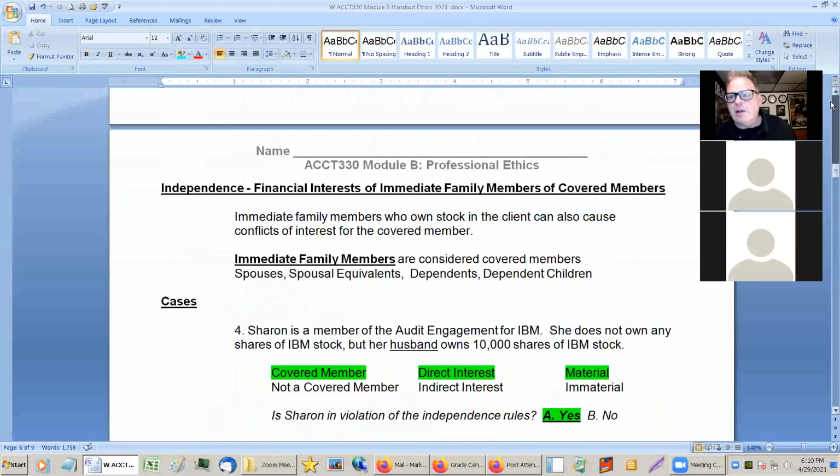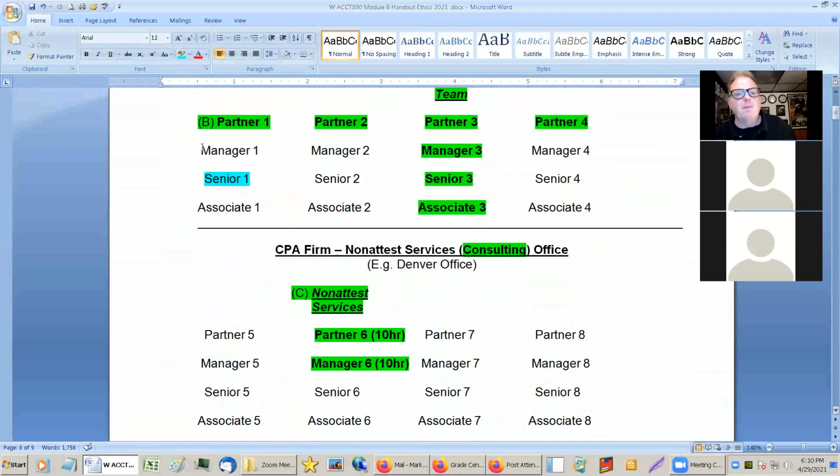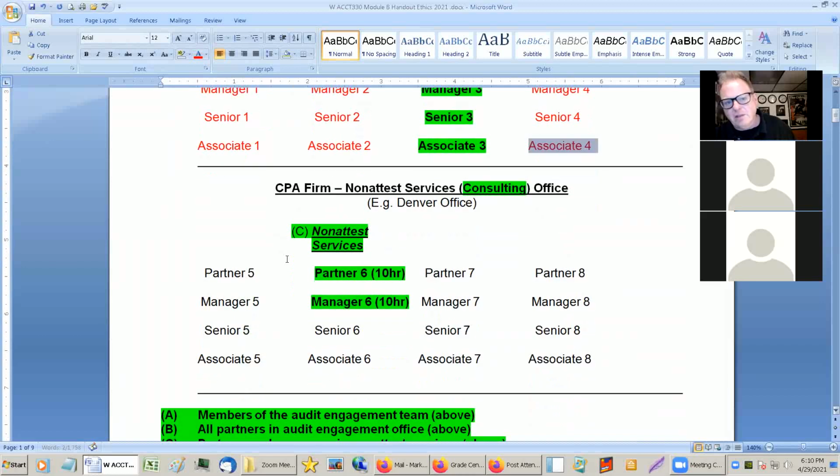And I'm going to go all the way back to day 1 up here. Basically, it's all these people who are not covered members, but they're still professional. And when we mean professional, usually a good way to think about it is someone who has a college degree.